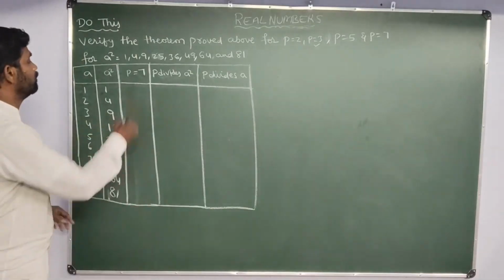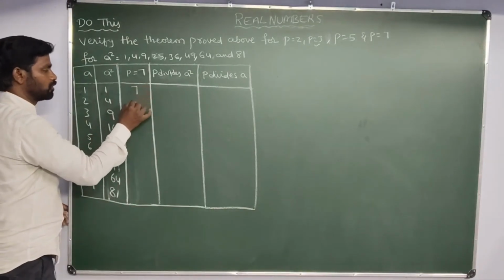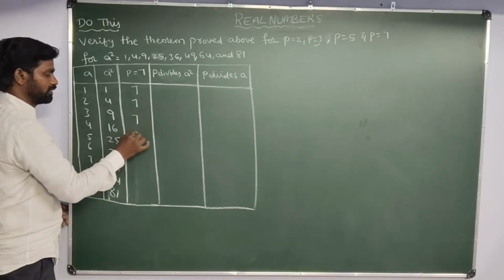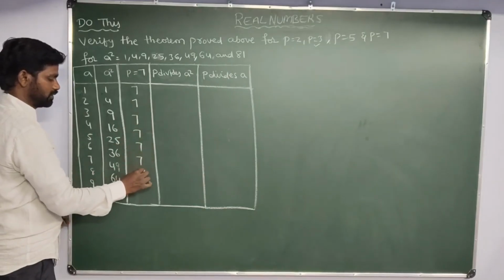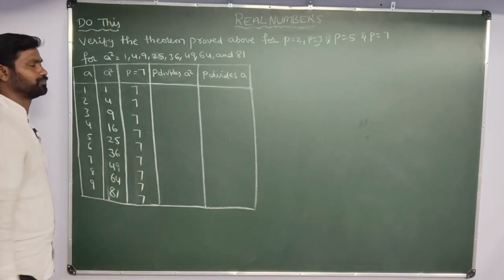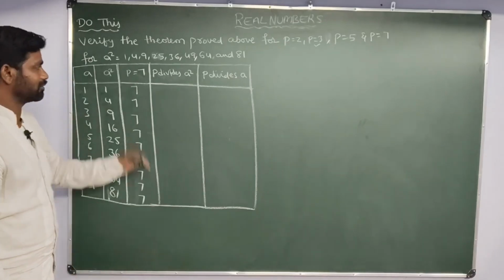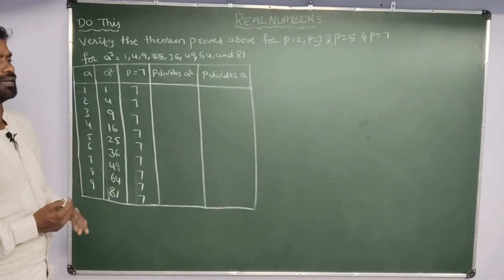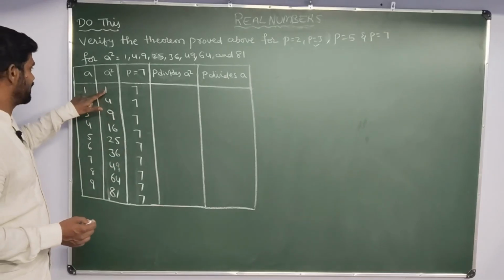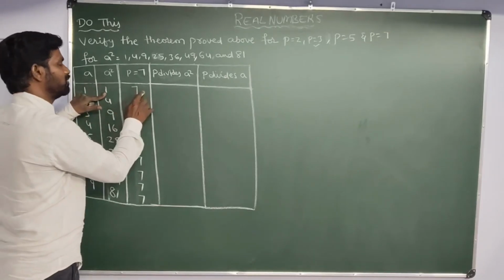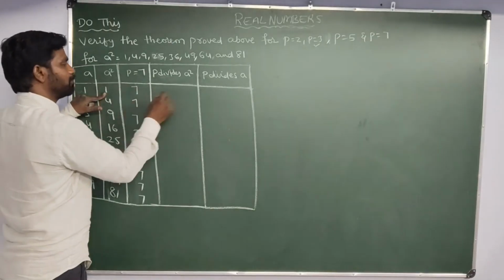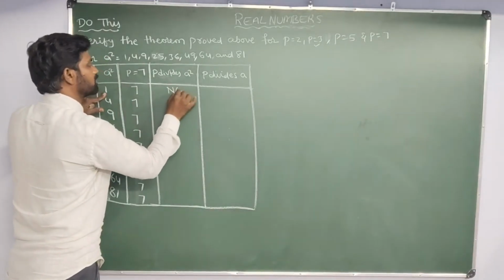Now we are verifying for P is equal to 7. You write the value 7, 7, 7, 7, 7, 7, 7 and 7. Now check whether P divides A square, or whether A square is divided by P or not. So what is A square here? It is 1 and the P value is 7. Is 1 divided by 7? No, there is no possibility.